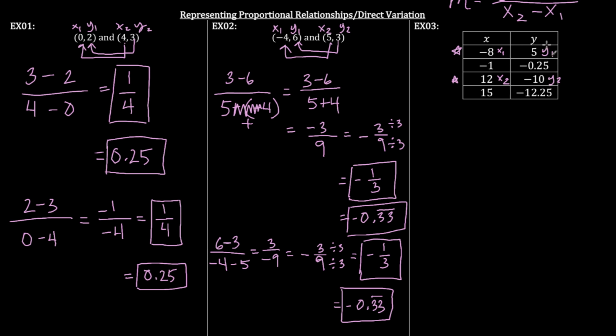So y2 minus y1, negative 10 minus 5, over 12 minus negative 8. When I take away a negative, I'm going to add. So I get negative 10 minus 5 over 12 plus 8.